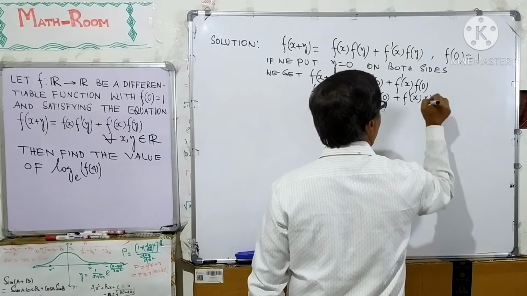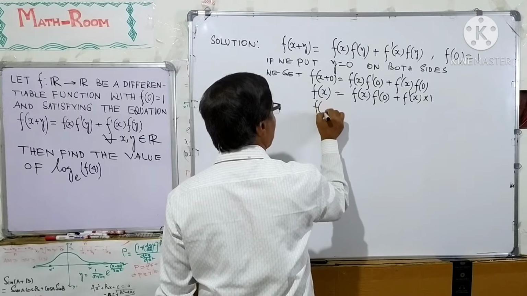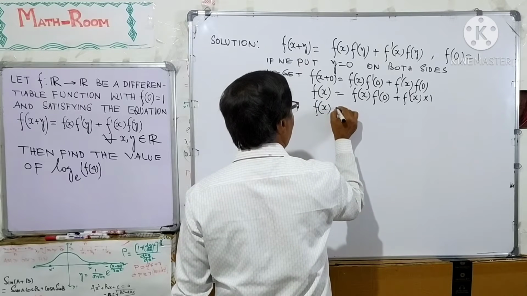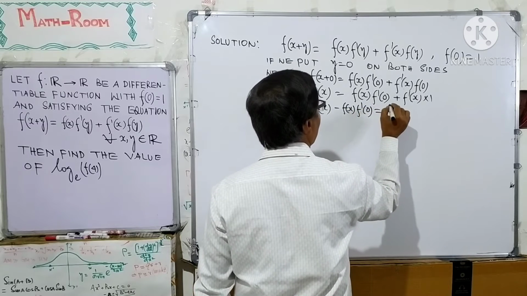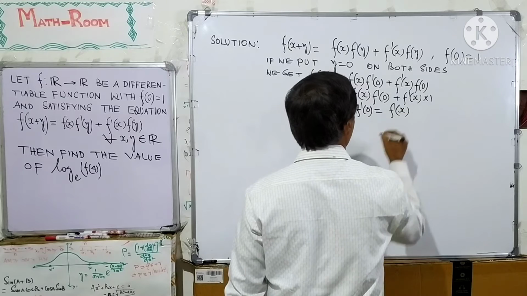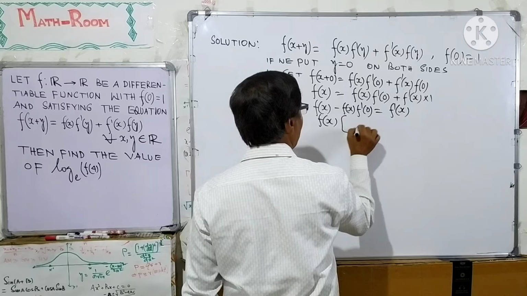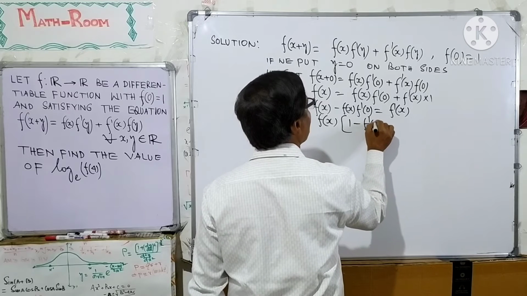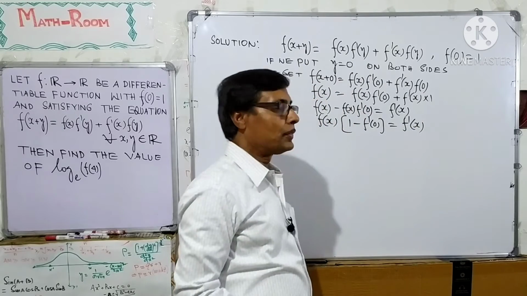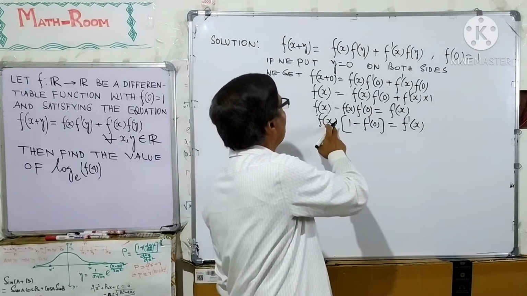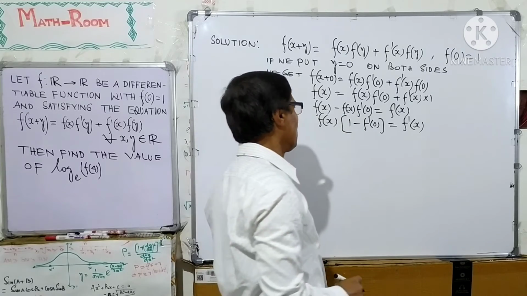So this is 1, and we can write f(x) minus f(x) f'(0) equal to f'(x). So, f(x) into 1 minus f'(0) equal to f'(x), we have got.